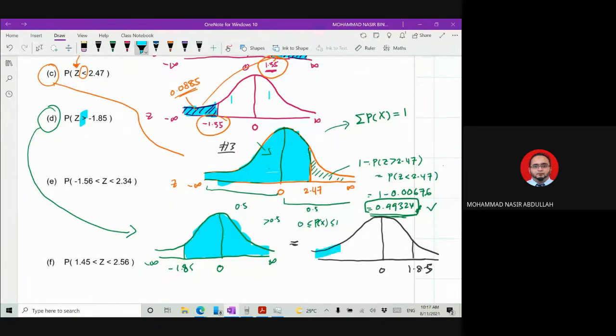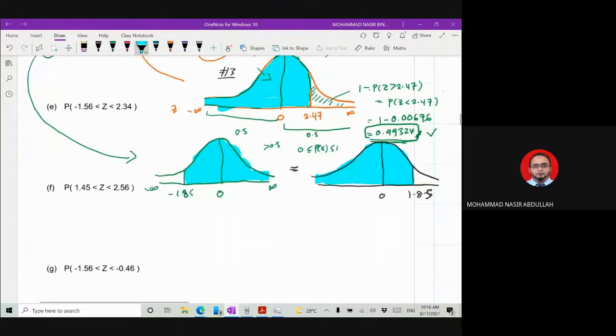It's also the same as the area to the right hand side, like this, same. It means we will remove negative 1.785. So the concept is the same. So we will do the same process, 1 minus probability of Z more than 1.85.